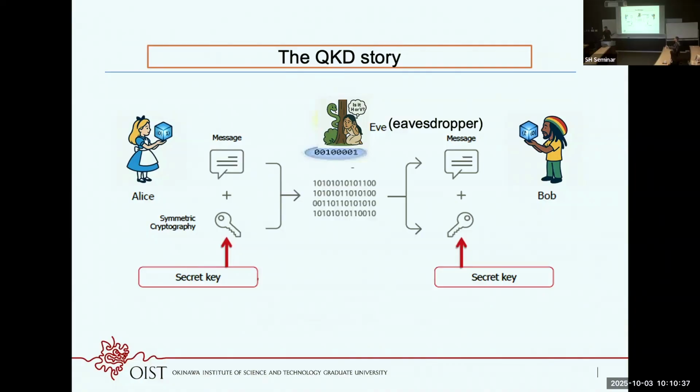Of course, Alice and Bob must have the same key, in such a way that they can communicate in a secure way. So QKD is basically a secure way of distributing this key, which is a string of bits. Yes, that's the main concept behind QKD.